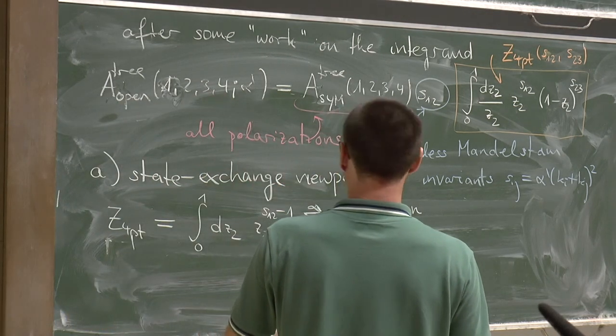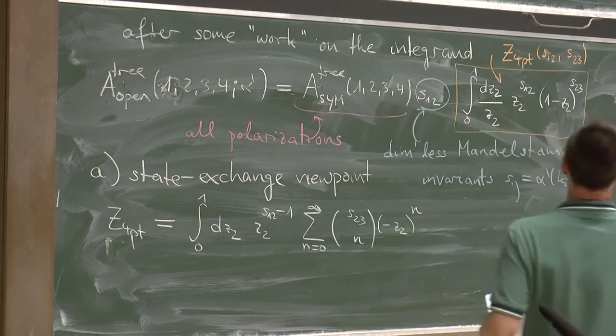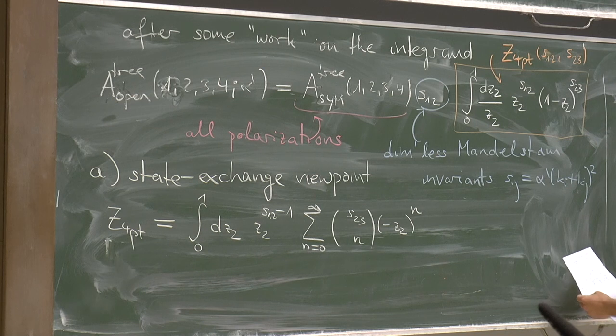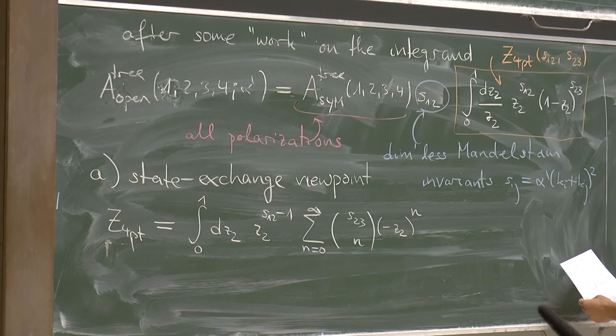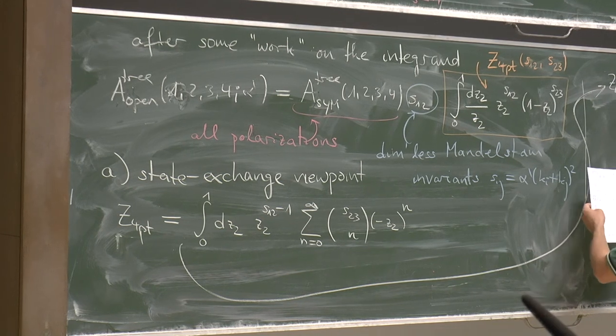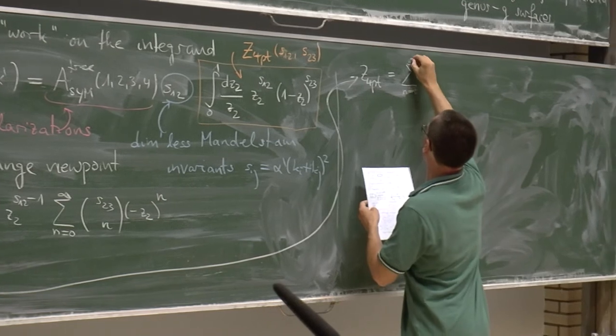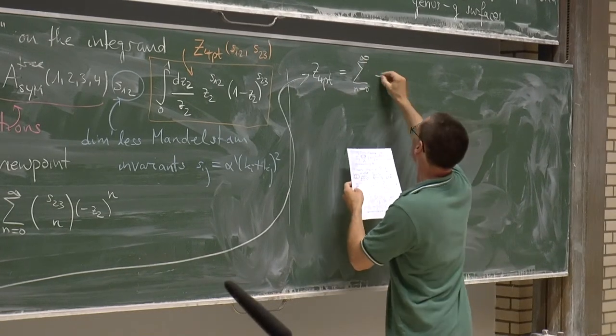Okay, so now I made a strategic mistake about not leaving enough space. This calculation goes on here. So, as I was saying, let's take the primitive term by term in the series over n.